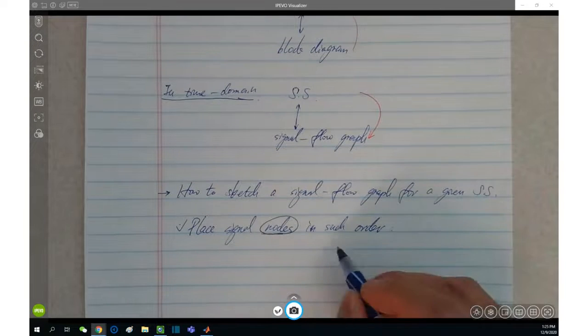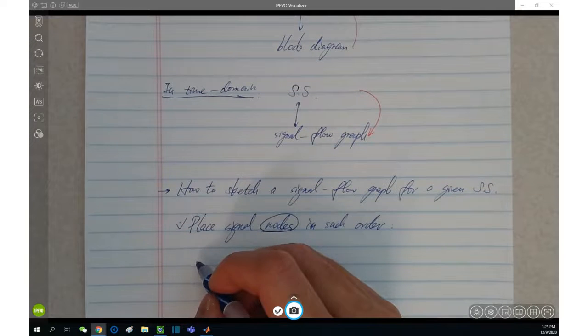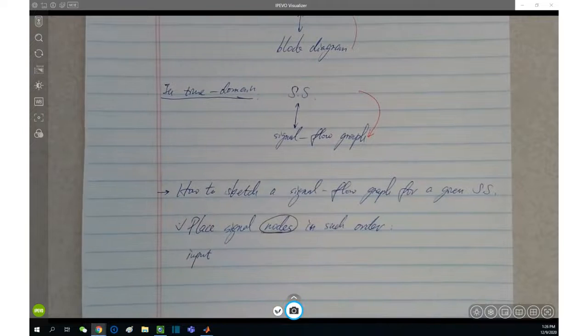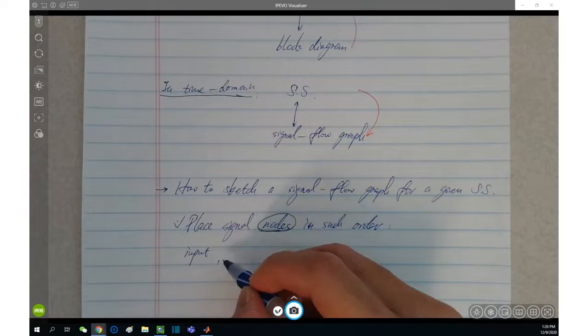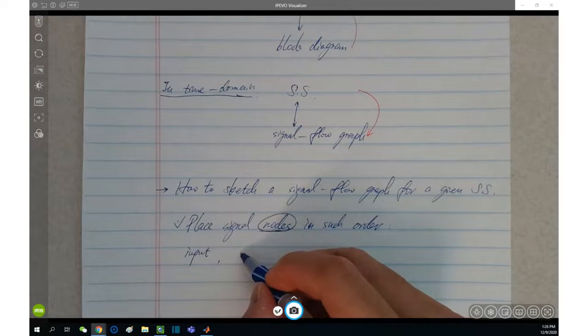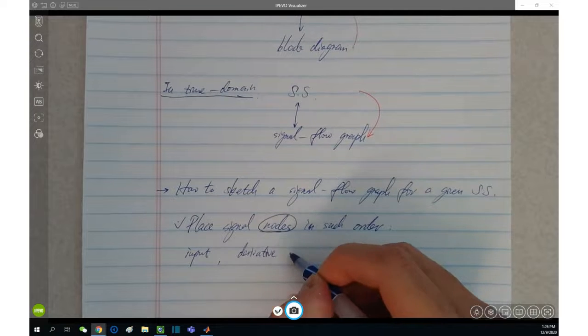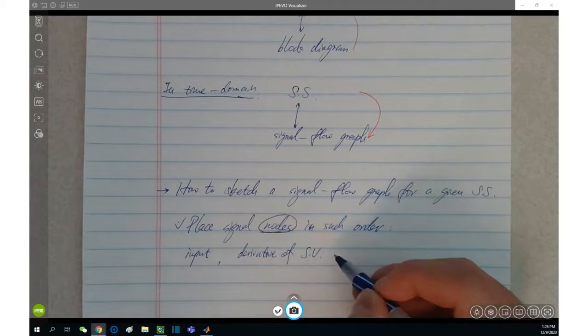But this order you need to remember. This order is very important. What order? You place the input signal at the left end, followed by the derivative of SV.